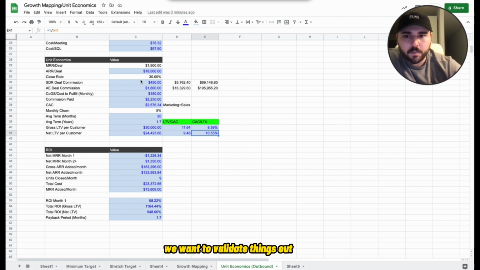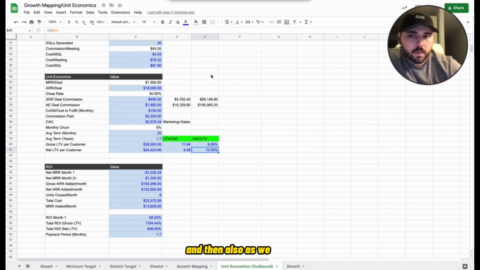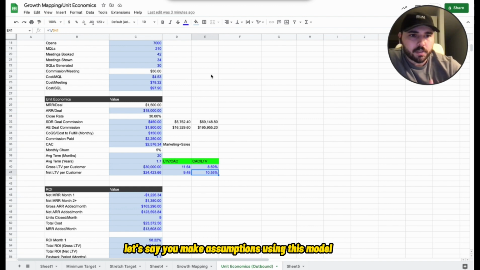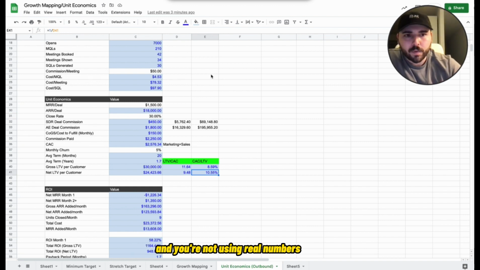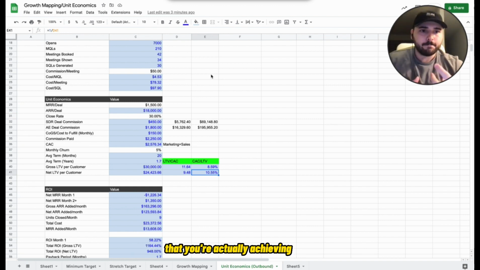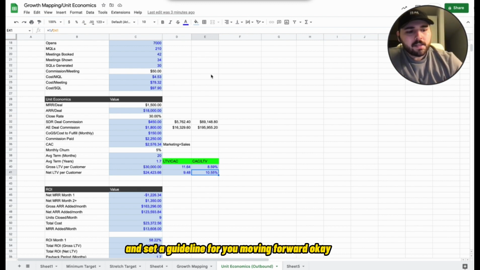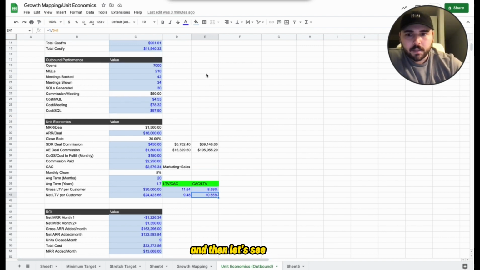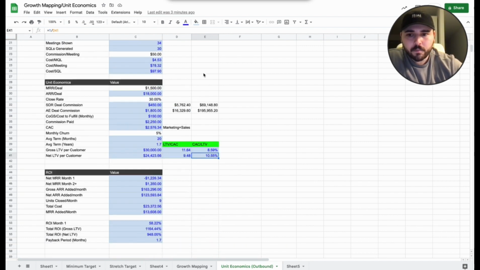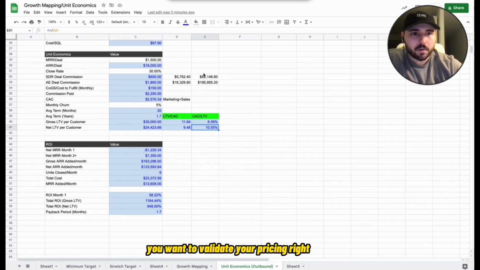We want to validate things, and also, let's say you make assumptions using this model and you're not using real numbers that you're actually achieving, that will keep you on the rails and set a guideline for you moving forward. Okay, and then let's say you're starting a new business, you want to validate your pricing, right? You want to validate different things as it relates to your offer.